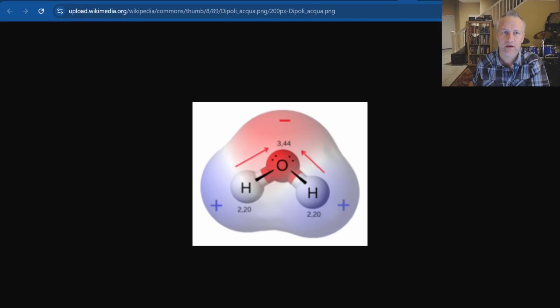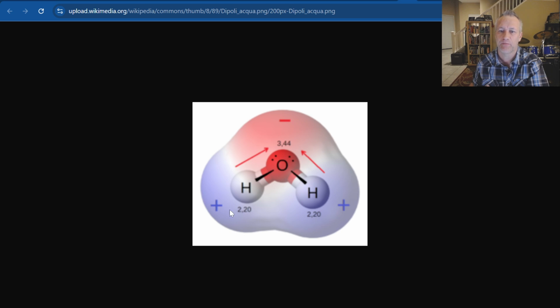So here we have a water molecule. We've got the two hydrogens on the bottom and the oxygen up here, and the electrons from the hydrogen atoms want to spend more time on the oxygen side than they do out here. They share electrons, so they're going to be over here more often. And so what effect does that have?